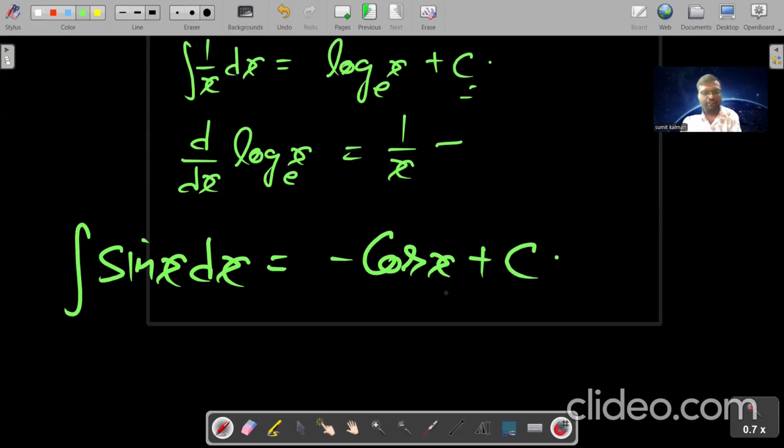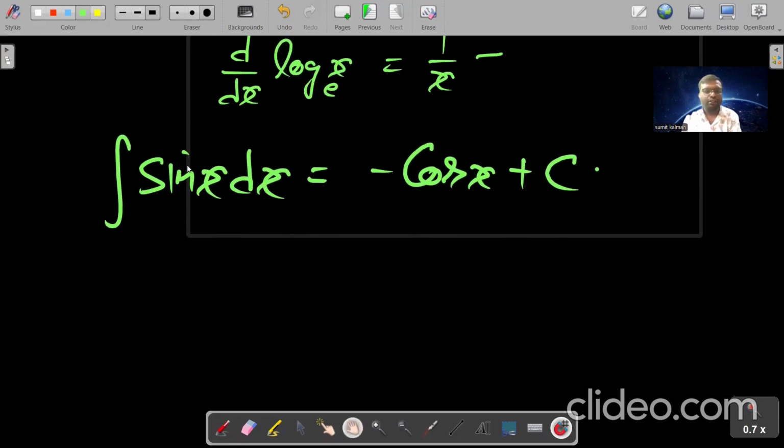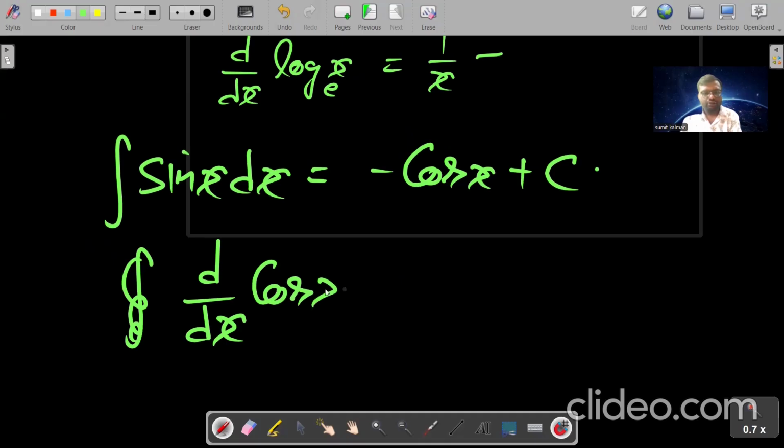And students, if you have differentiation of cos x, then what you will get? Minus sin x. See, here integration of sin x is minus cos x and differentiation of cos x is minus sin x. So integration is the reverse process of differentiation.